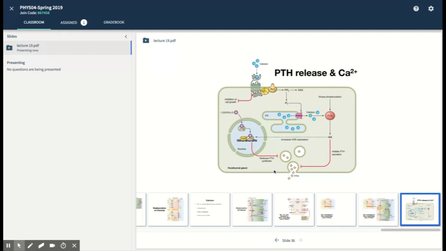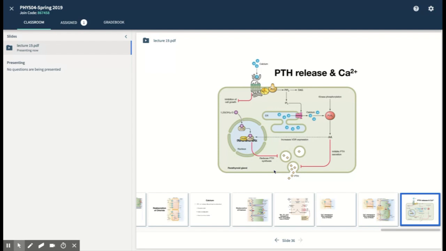Basically, if there's enough calcium, it will bind to this receptor, and what it does is shut down cell growth of the parathyroid gland. It also produces elevated levels of vitamin D3, DAG, which means lots of calcium. Calcium will activate and produce arachidonic acid, and that will inhibit the release of parathyroid hormone.